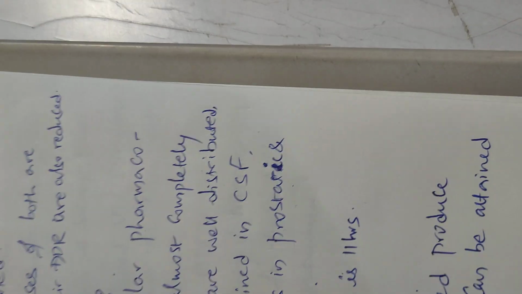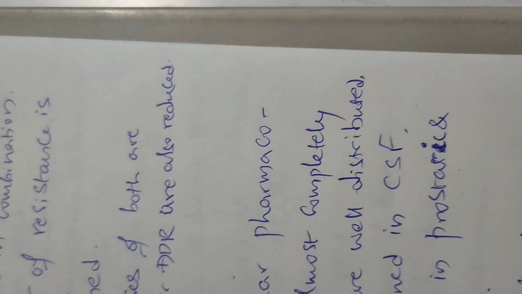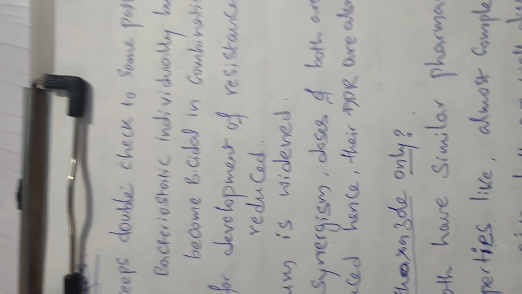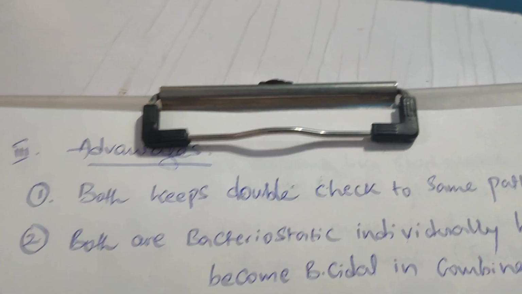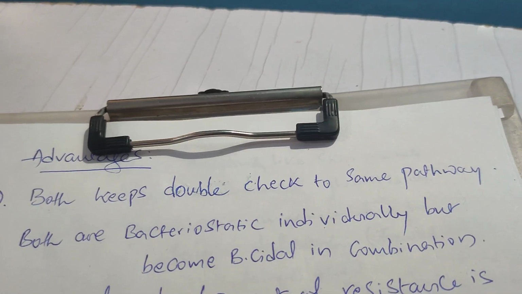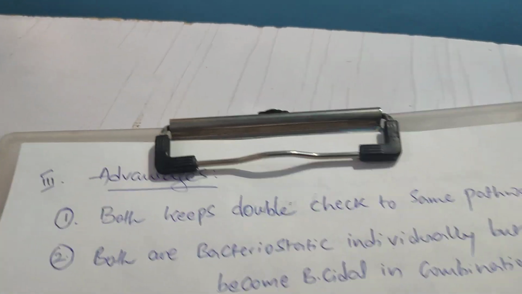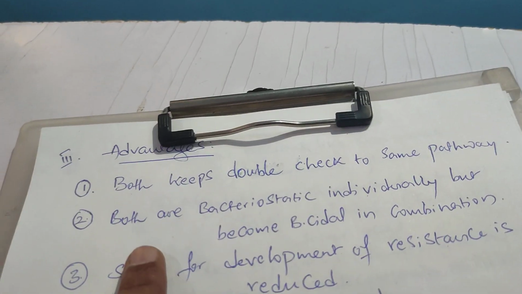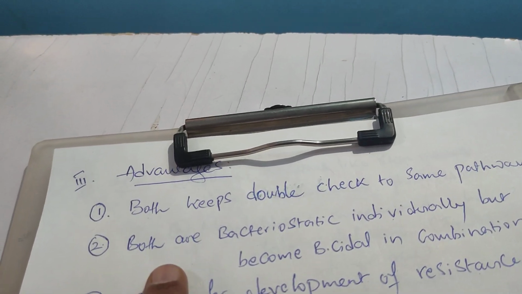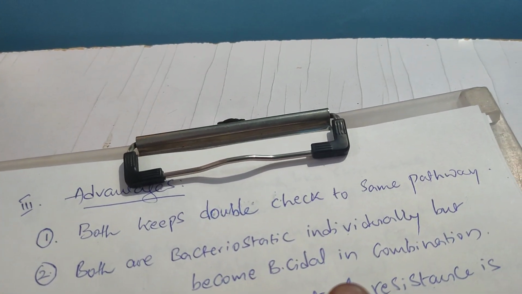Now let us see the advantages of combining sulfamethoxazole with trimethoprim. Why do we have to combine? What is the advantage? The first is that both keep a double check on the same metabolic pathway. That is the first advantage. All the remaining advantages are related to the first. Second, both are bacteriostatic individually, but become bactericidal in combination.